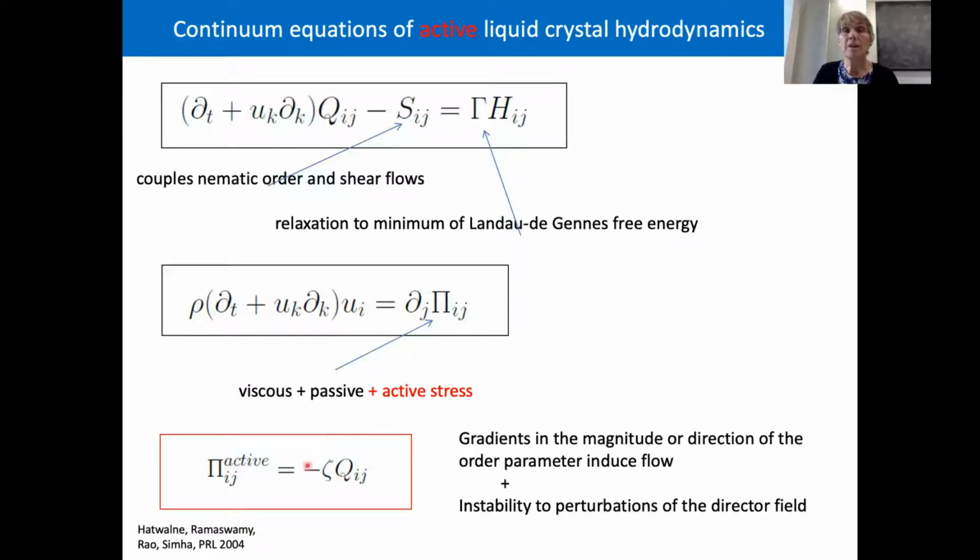The other thing that this term does is that it destroys the nematic ordering. In these active systems, there is an instability to any fluctuations in the director field. And so you lose perfect nematic order. And what you get instead is this active turbulence.